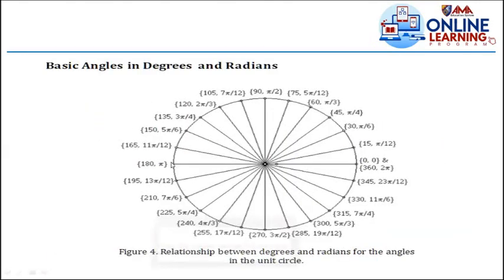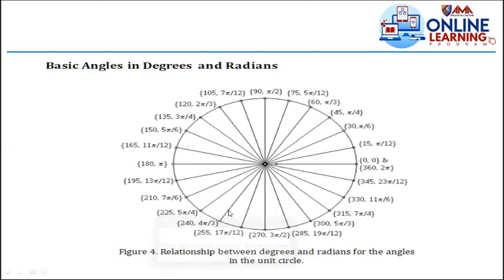So, i-rotate natin ang pi all over 3. 1, 2, 3. Kasi nandito yung pi all over 3, so ibig sabihin, tatlong pi. 1, 2, 3. Tapos, isusunod, ito na yung value ng 2 pi all over 3. Tapos, dito sa kabila, to the left, rotate natin pababa, 1, 2, 3.